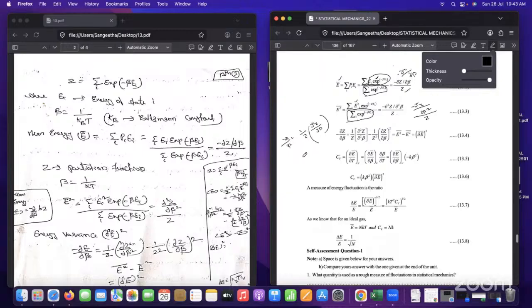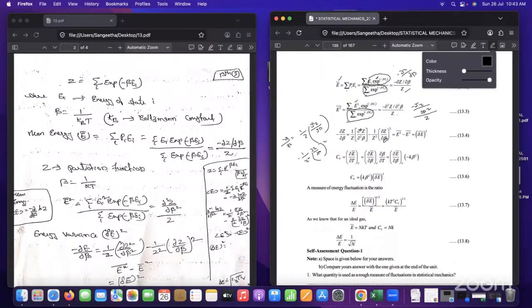This is the first term, minus the second term. What is the second term? Minus 1 by Z square of dou Z by dou beta whole square. So what is the difference between the two terms? In the first term, the square is inside, dou square Z by dou square beta, whereas in the second term we have the whole square, dou Z by dou beta whole square.